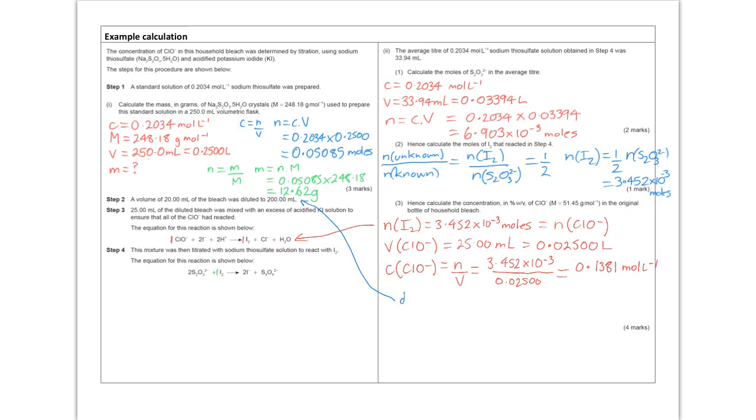So to take into account the dilution, before the dilution, the concentration of ClO minus would equal 10 times 0.1381, which would equal 1.381 moles per litre.